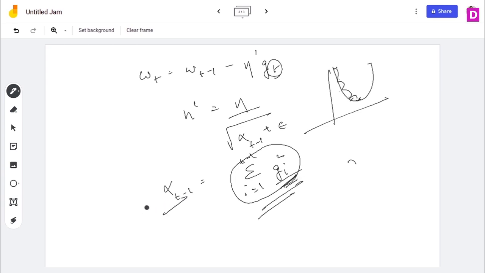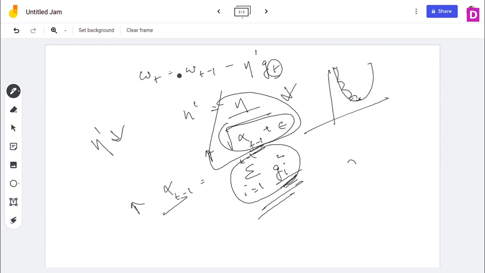That means alpha t minus 1 is increasing. Since alpha t minus 1 here is in the denominator, if this increases, this whole function keeps on decreasing. That means eta dash decreases.